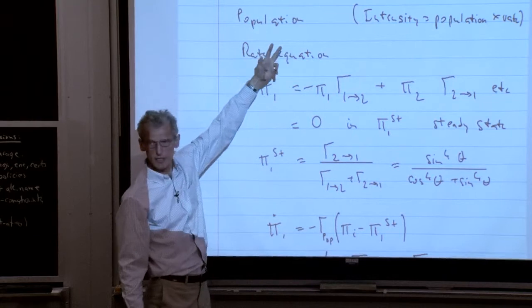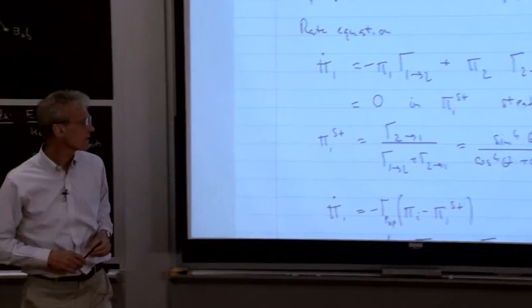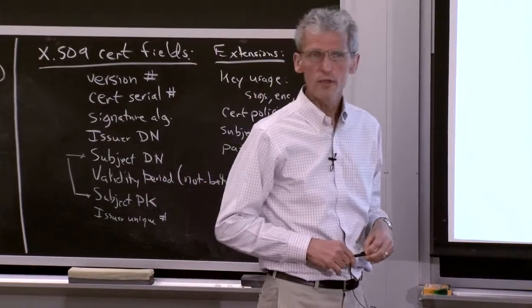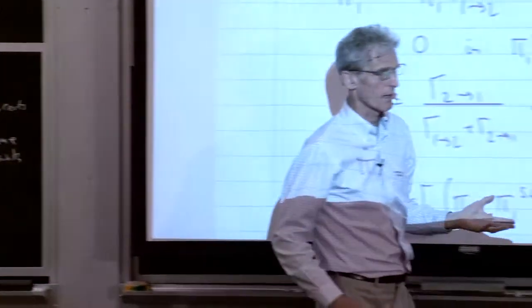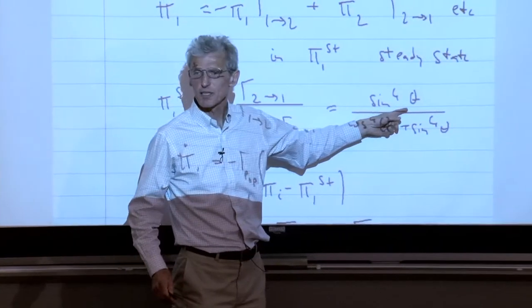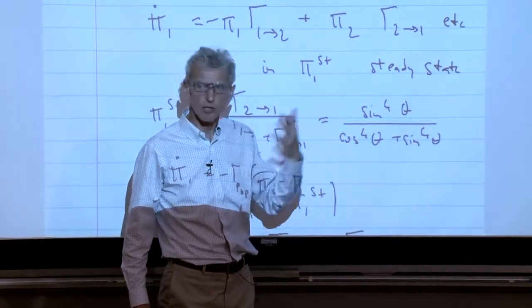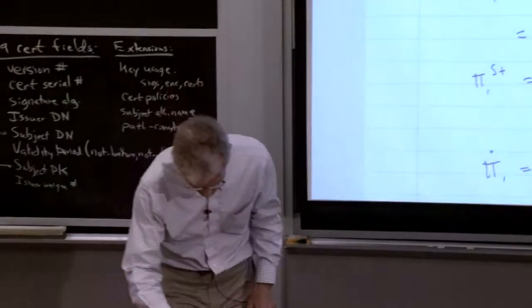We just got those rate coefficients, and this gives us another bunch of sine and cosine functions. So we now know the population of the dressed states. Everything is expressed by one non-trivial parameter, theta, and all we get is sine squared, cosine squared, sine to the fourth. We just get those trigonometric functions.